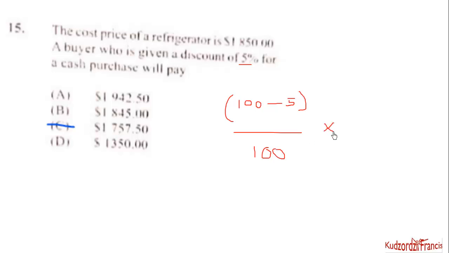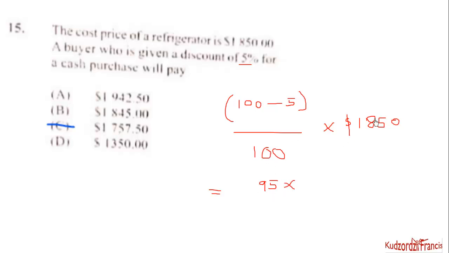times the price of the refrigerator, which is $1,850. Now this will be equal to 95 times.